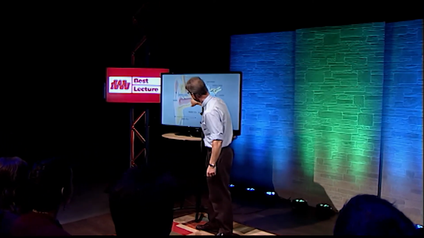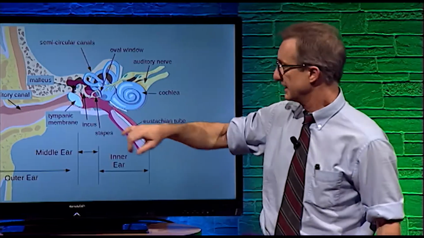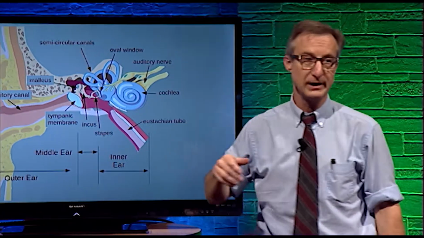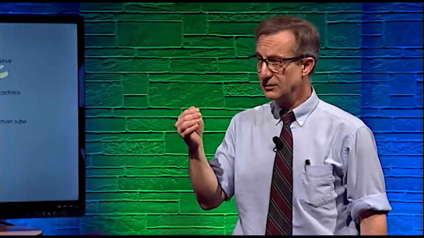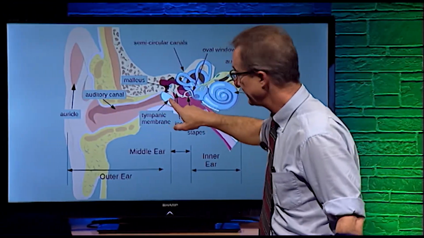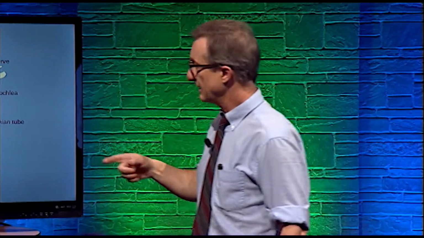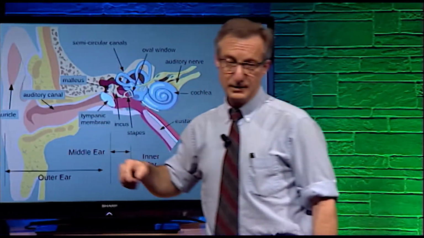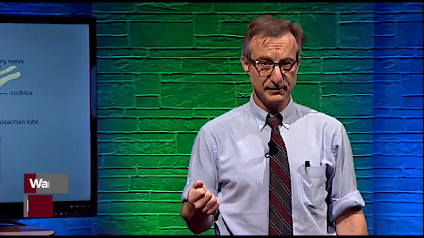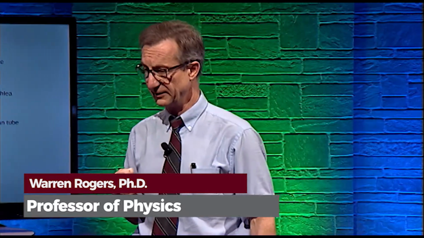Once the sound is projected into the auditory canal, it terminates at the tympanic membrane, and that represents a closed-ended tube. The tube's about 2.5 centimeters long, and since it's closed-ended, one end is closed, then we know it supports odd harmonics. And it turns out for that 2.5 centimeters, the first resonance of that semi-closed tube is around 3,500 to 4,000 hertz, which is a very important frequency for human audio perception.